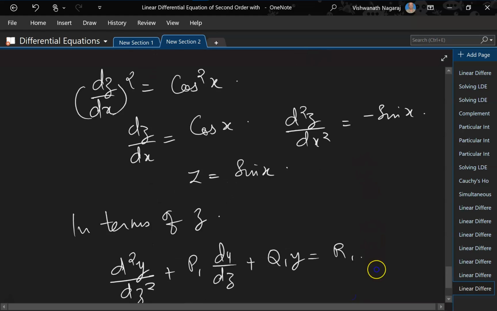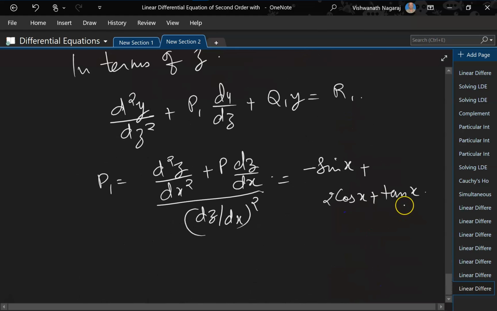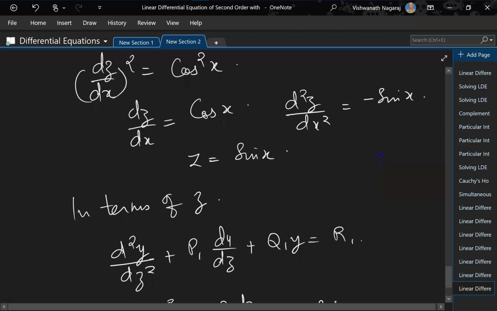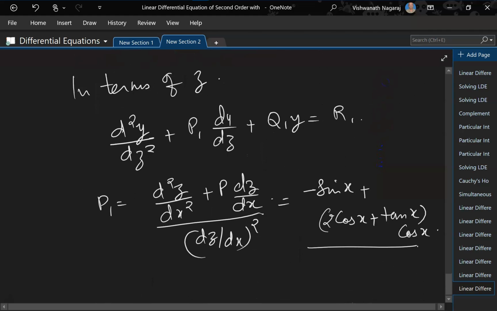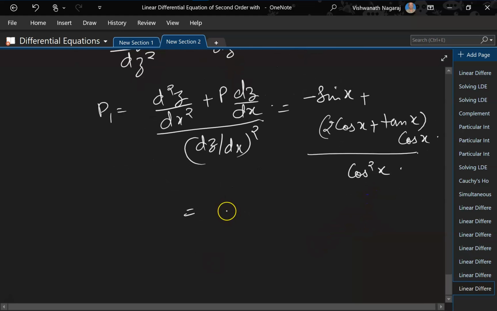dz/dx is what? dz/dx is cos x. So cos x outside the bracket, divided by (dz/dx) squared, so cos² x. Okay, let's solve this.